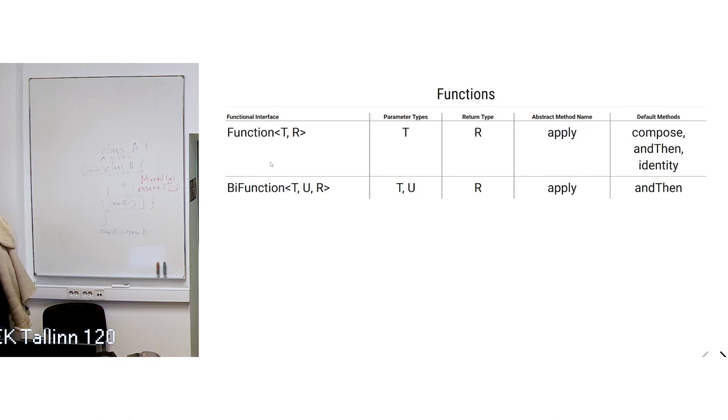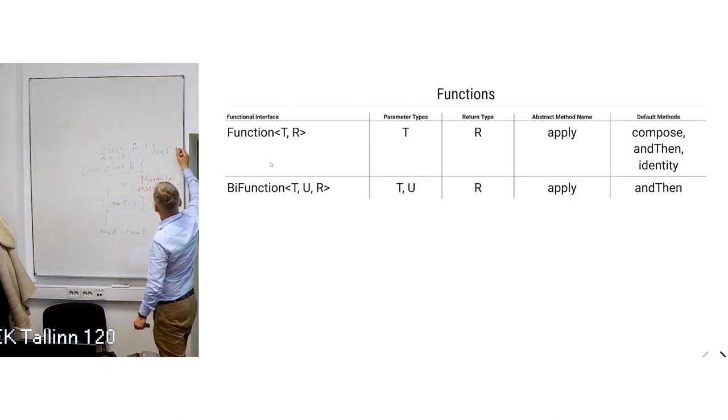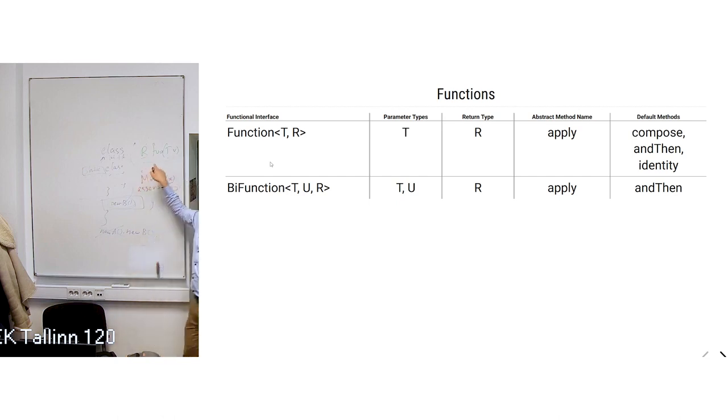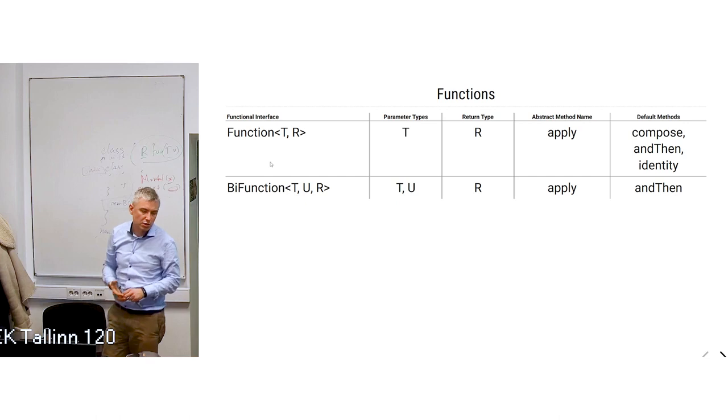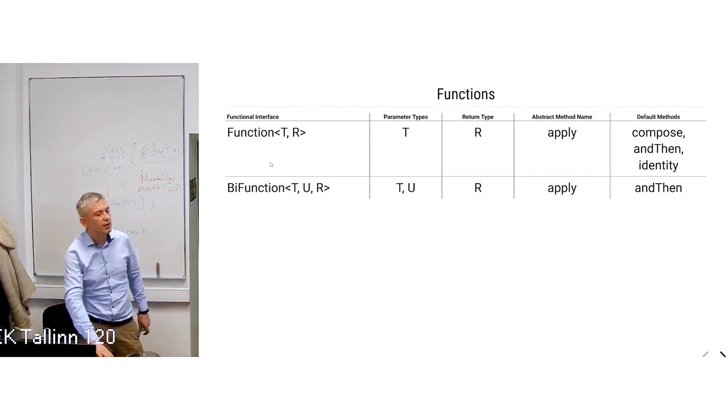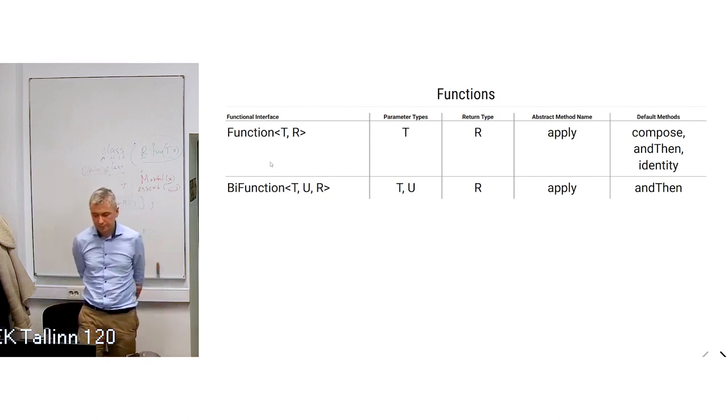So if you have something like foo of T of something of my var, and this foo returns result R, this can be converted to a functional interface called Function, because it's a function, a single argument and single return value here. So Function<T, R> is the most commonly used functional interface in Java language.